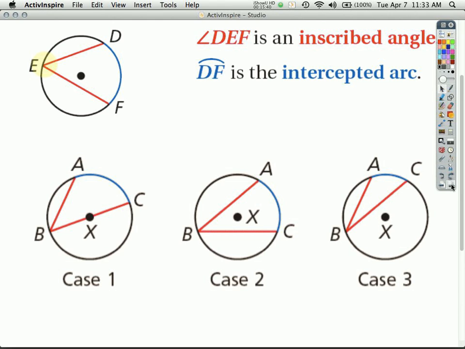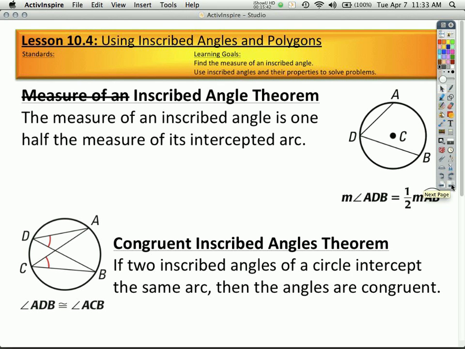Now the theorems and the ideas that utilize them. First of all, if you will find the first one, which I originally put measure of an inscribed angle theorem. You can cross out measure of an. We're just going to call it the inscribed angle theorem. I actually think that I didn't mean to put that. And this is a critical idea.